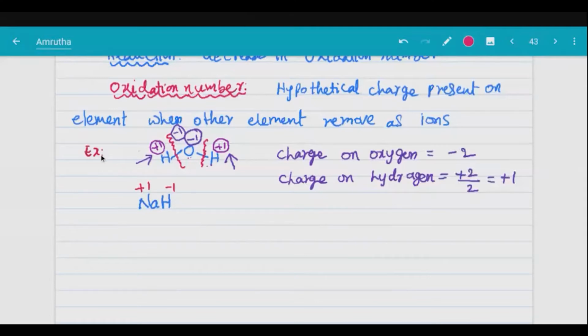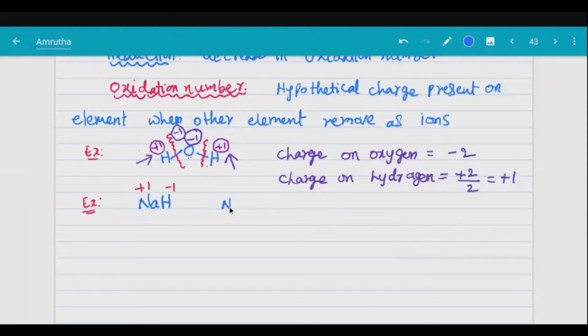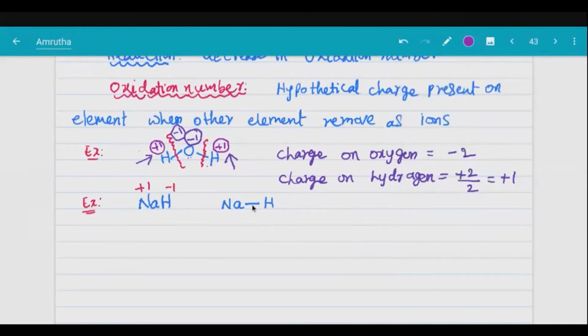In water, hydrogen is +1, but in sodium hydride, hydrogen is -1. Why is there a difference? Hydrogen is more electronegative compared to sodium. That is why it is -1 here and +1 in water.